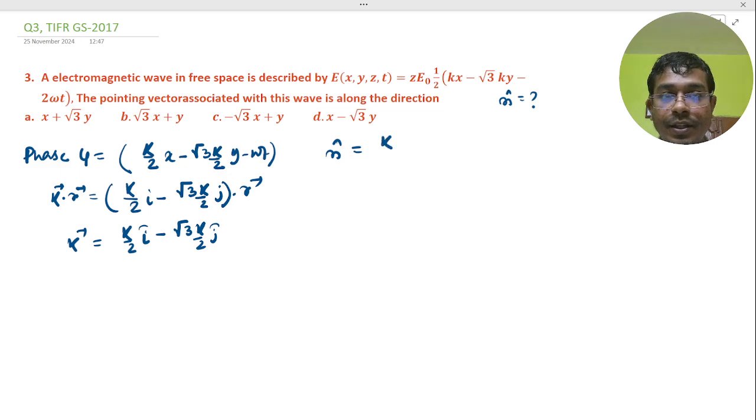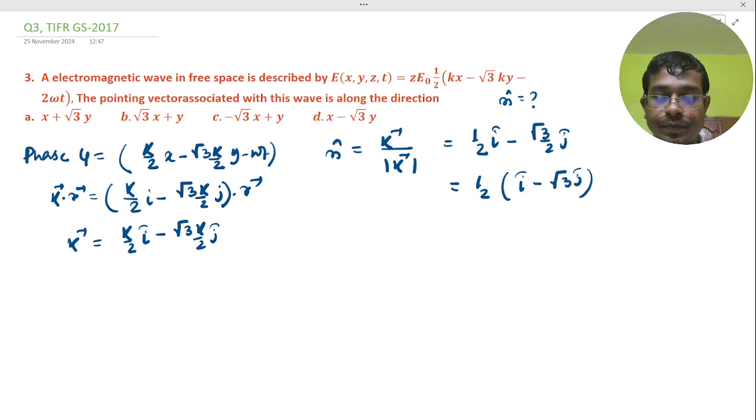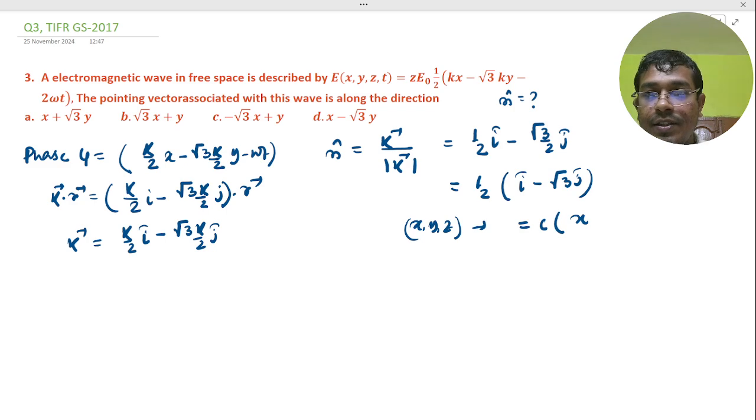Basically n cap is k vector by mod of k vector, basically the unit vector. So we just find here the value half i minus root 3 by 2 j, k must be cancelled between numerator and denominator, half should be common here, i minus root 3 j, and this would be written in the Cartesian form, c is the constant, half x cap minus root 3 y cap.